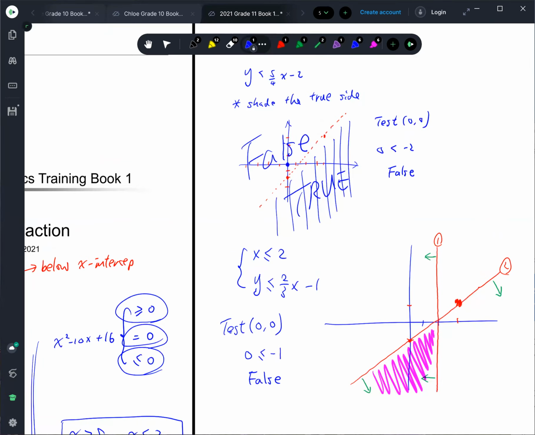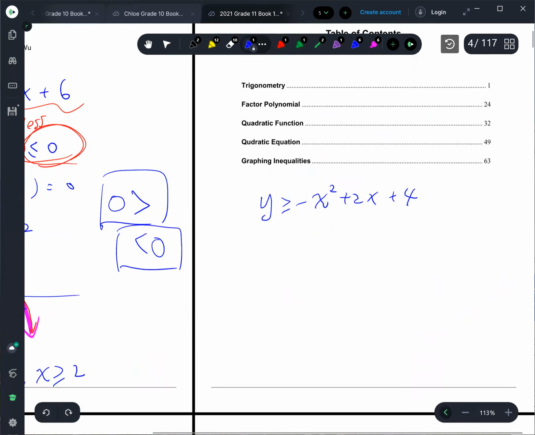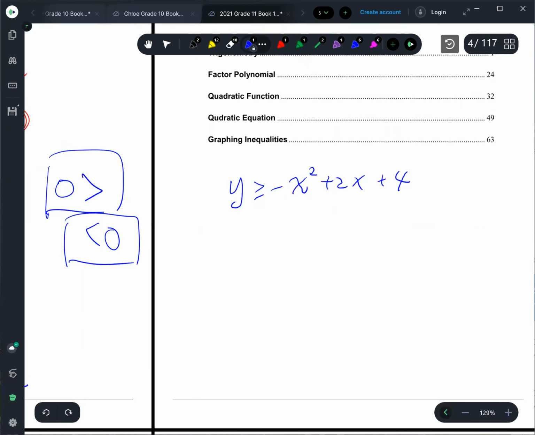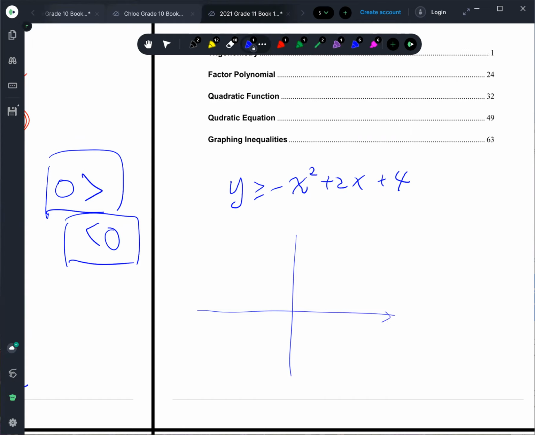You still need to go over it? Yeah, because this one's the parabola one. Sure, it doesn't matter. I will show you it's the same process. So this one you factor.